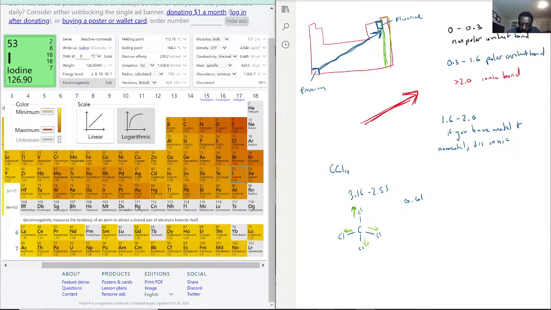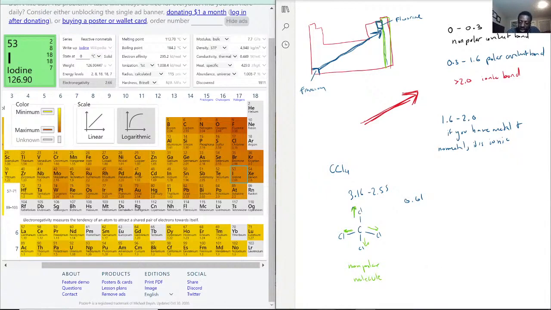And remember that this is a 3D structure, so in this 3D space there's an equal pull in every direction. This is a non-polar molecule.